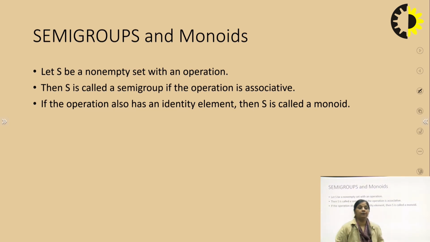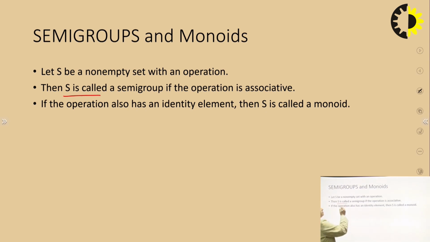Now we will talk about the definitions of our algebraic structures. We'll start with semigroup, then define monoid, and then discuss groups. S I am taking as a non-empty set and the operation is star. So what is a semigroup?